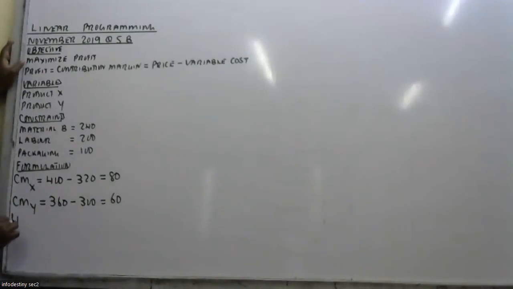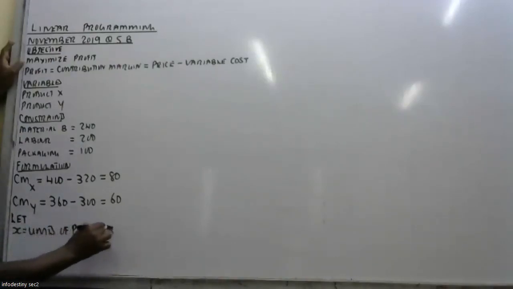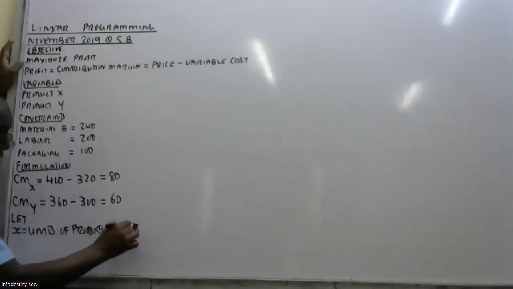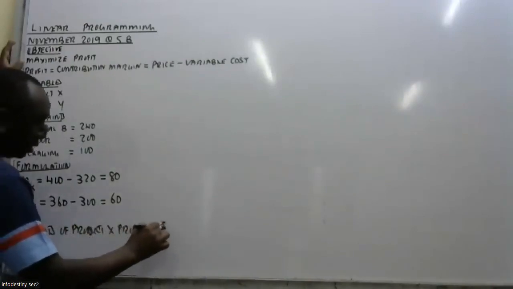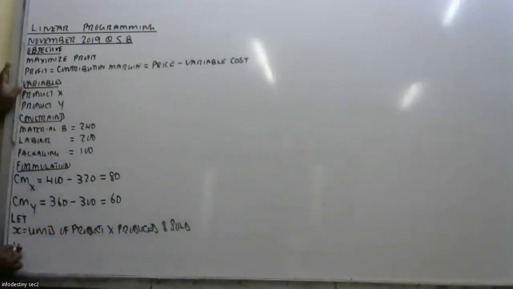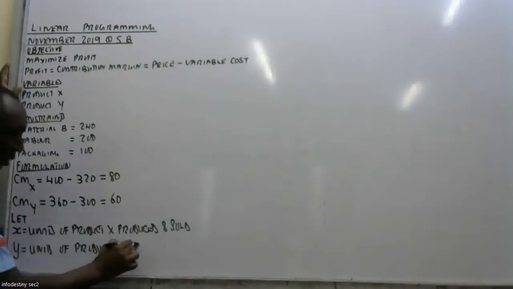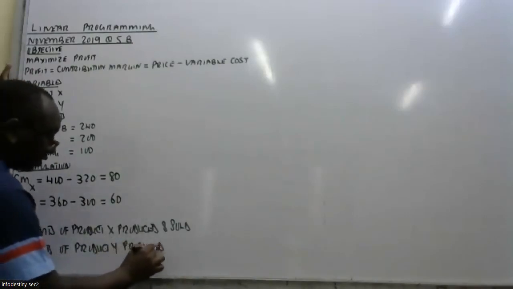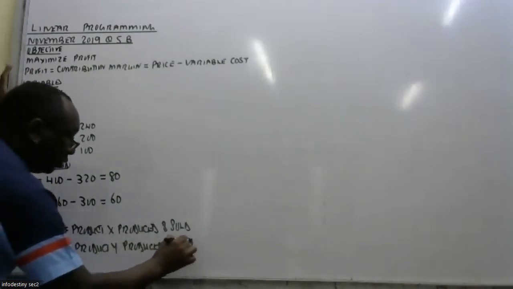So with that, now you say, let X be units of product X produced and sold. Y be units of product Y produced and sold.